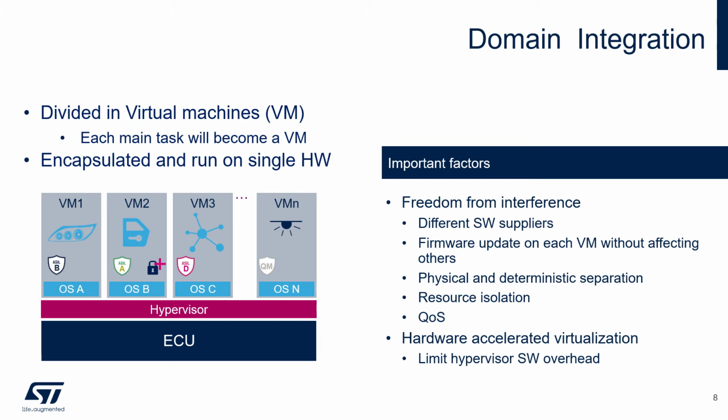Thanks to the integration, the different functionalities are coming together. It must be assured that they will not influence each other. That means freedom from interference and clear separation by software or hardware measures. It must be guaranteed that they are separated, and important is that they are deterministic.